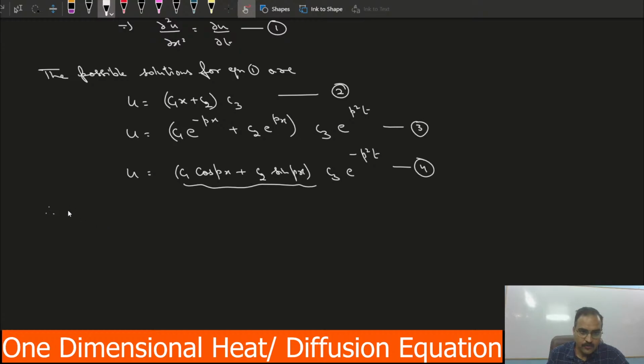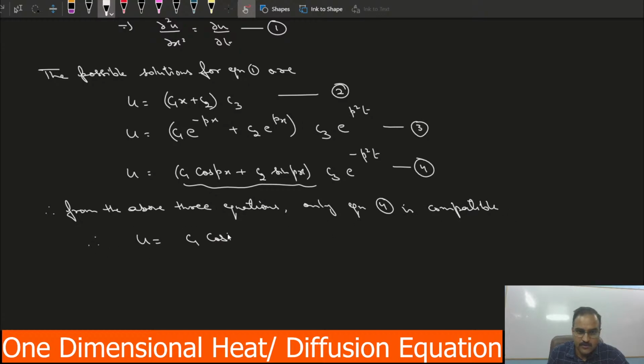So therefore, from the above 3 solutions, only equation 4 is compatible. Therefore, we will take u is equal to (c1 cos of p x plus c2 sine of p x) into c3 e raised to minus p square t, which was your equation 4. We will be going through this one.